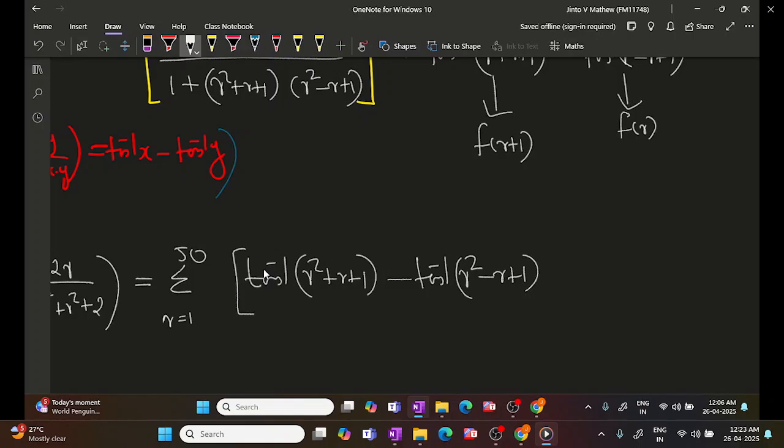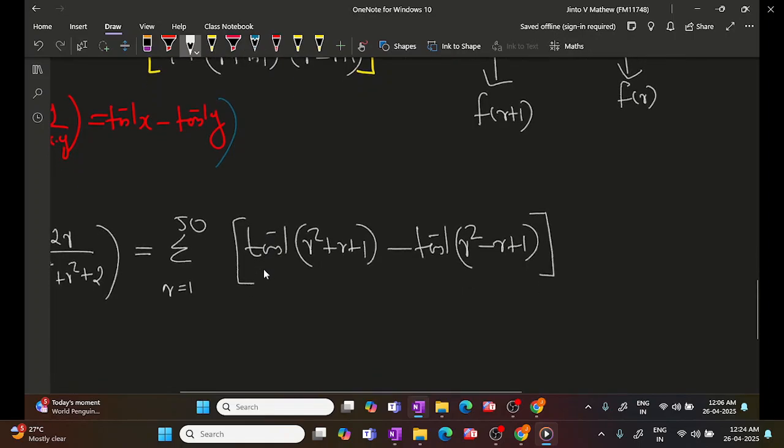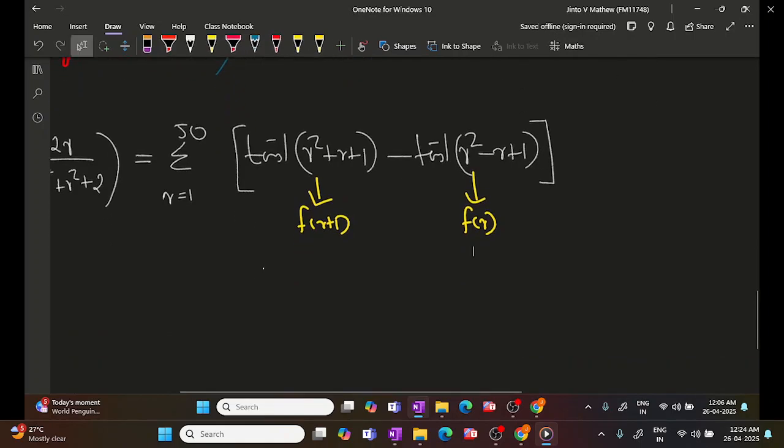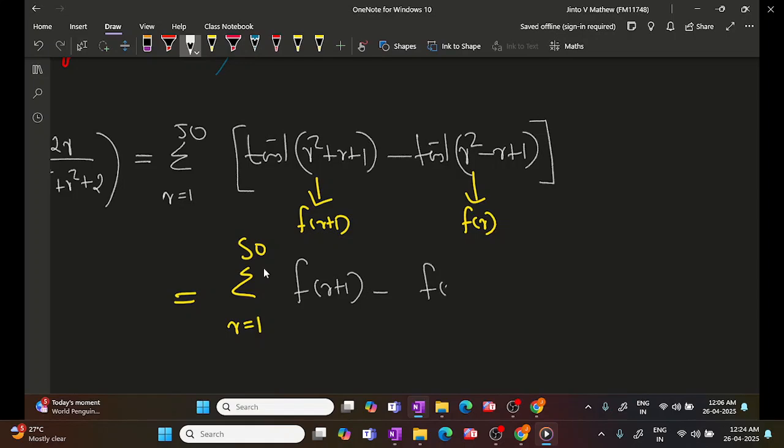So we need to apply sigma as I told. It is of the form f of r plus 1 minus f of r, right? So we are applying this summation r is equal to 1 to 50 of f of r plus 1 minus f of r, according to that idea of telescopic series.